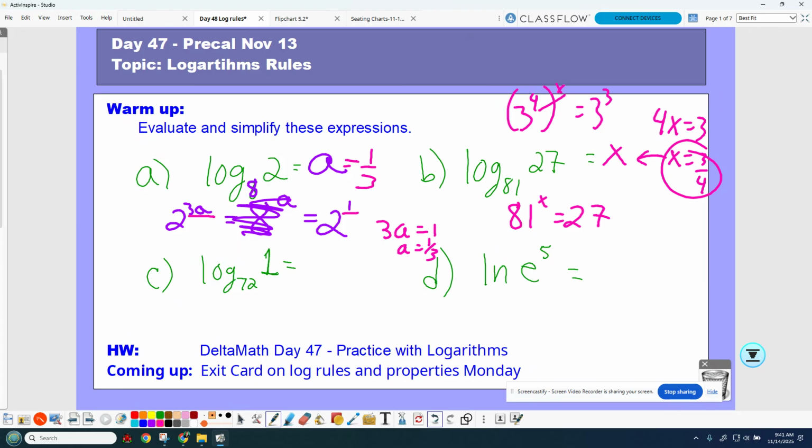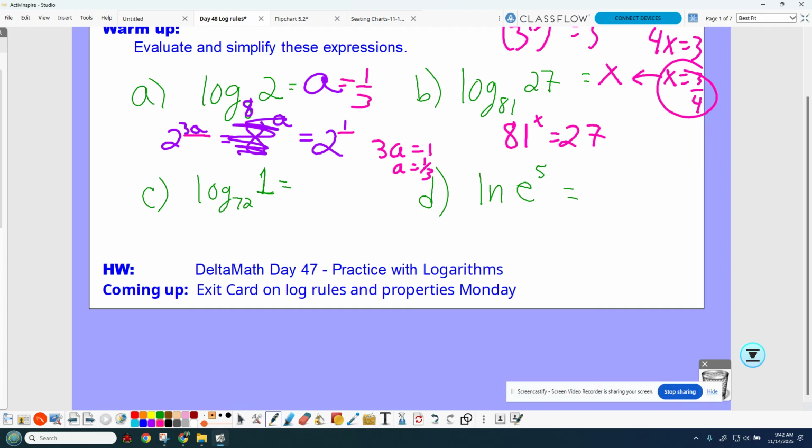Okay, Bailey, I know you weren't here yesterday, so let's see if you can remember. Do you remember how to go from log to exponent? Okay. Logs equal exponents. This thing here is called the base. So it's base to the exponent equals the number. So, Chloe, 72 to what power is 1?